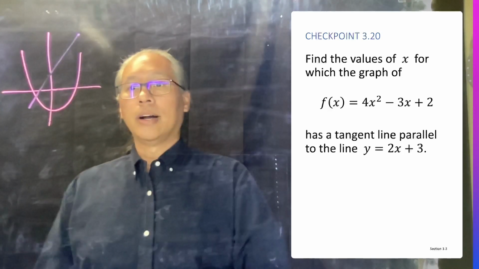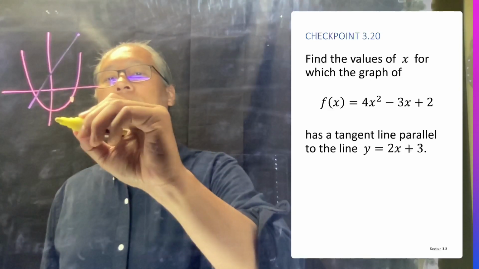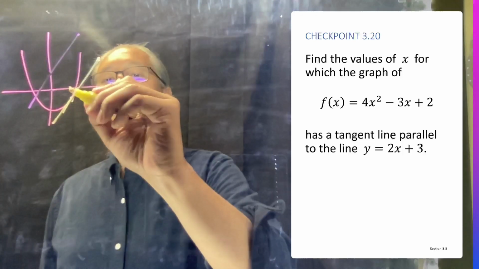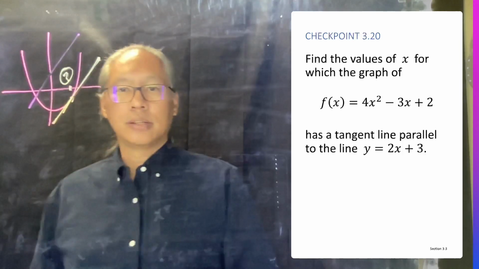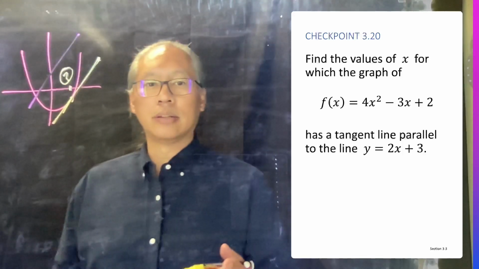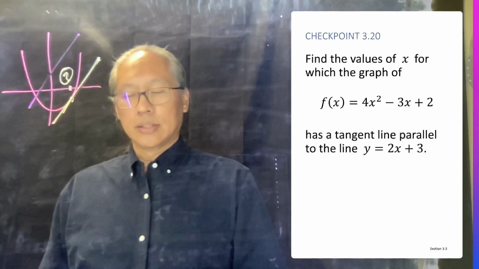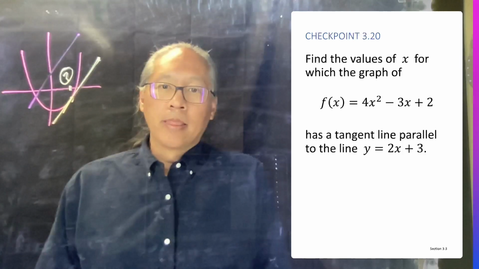And they want you to find the point where this tangent line is going to be parallel to, so they want to find this point here. We can put in the value of x into the f of x to get the x and the y value.